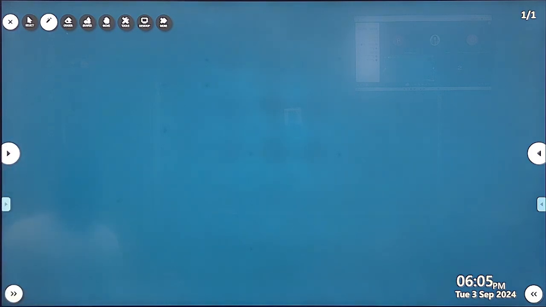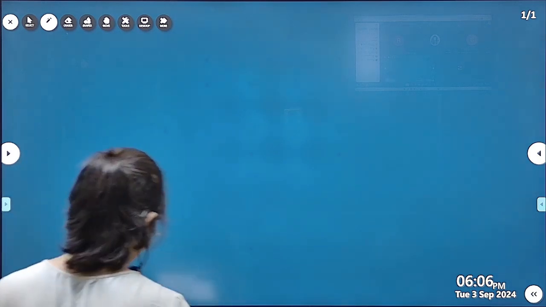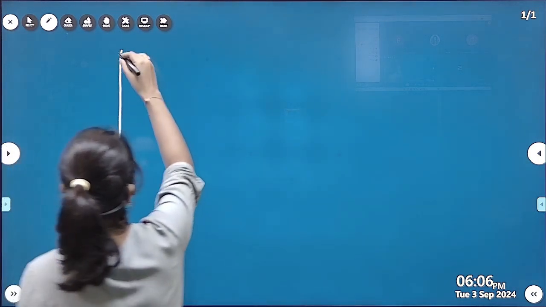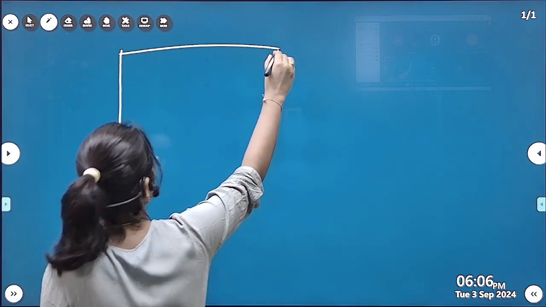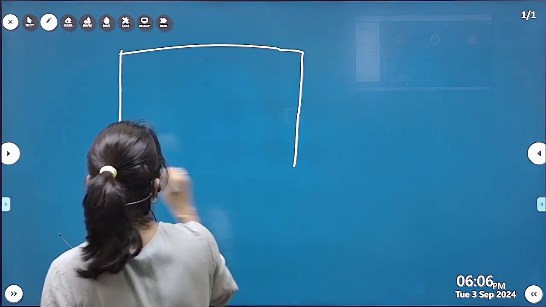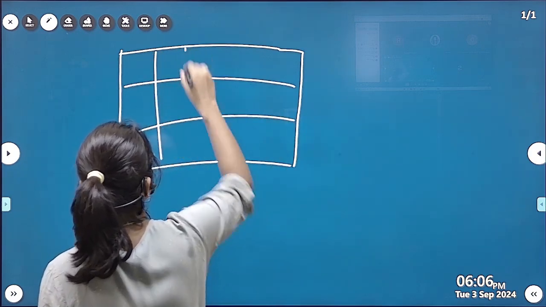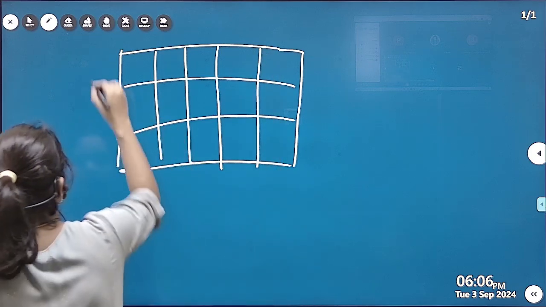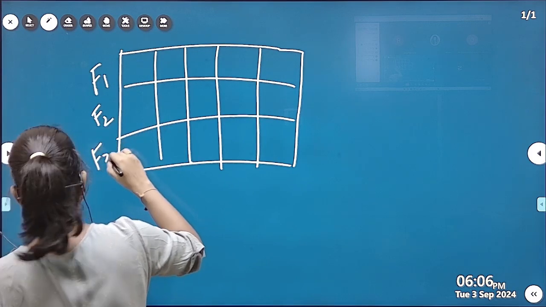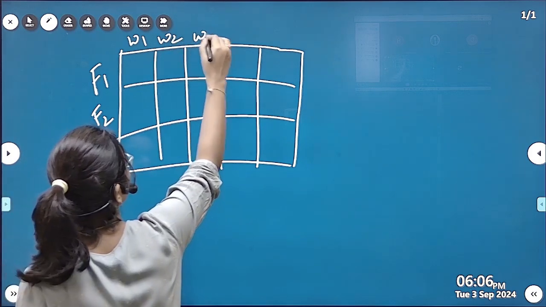So I will tell you an example question. Write it down. Note this question: 3 rows and 5 columns, F1, F2, F3 and W1, W2, W3.